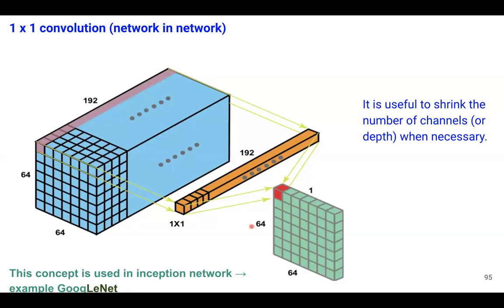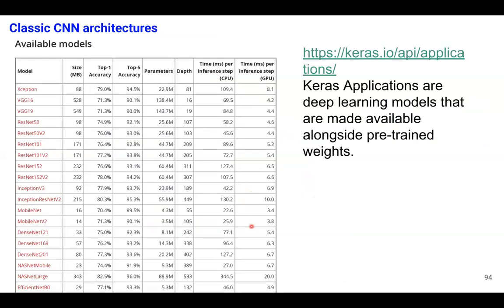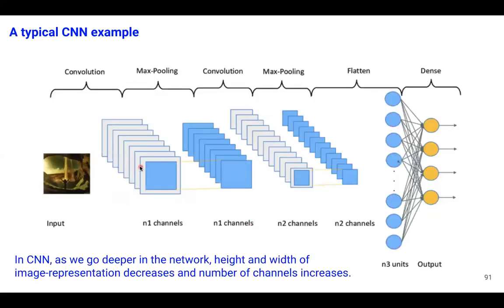We already discussed that as we try to build a deeper and deeper CNN, your number of channels are increasing. At every step, your number of channels are increasing, because in the convolution layer, you are using many filters.